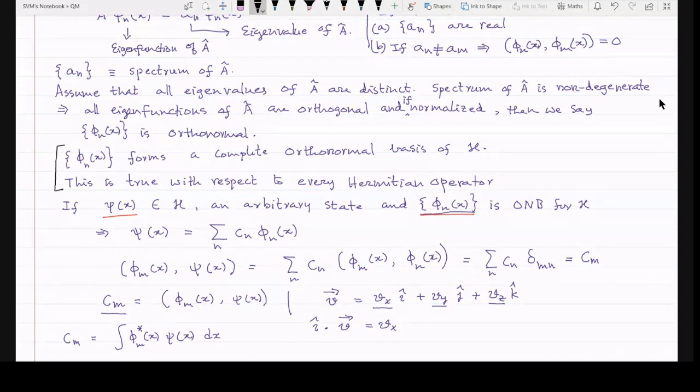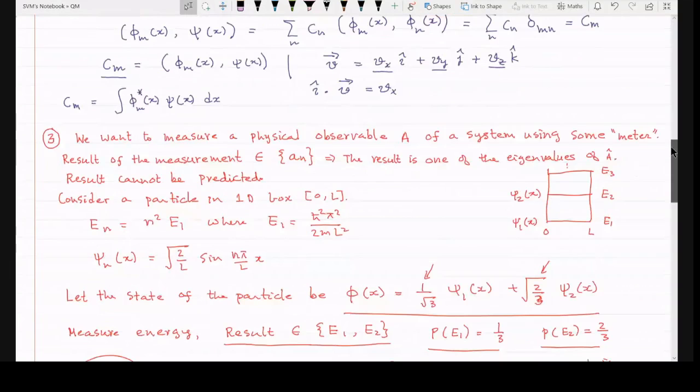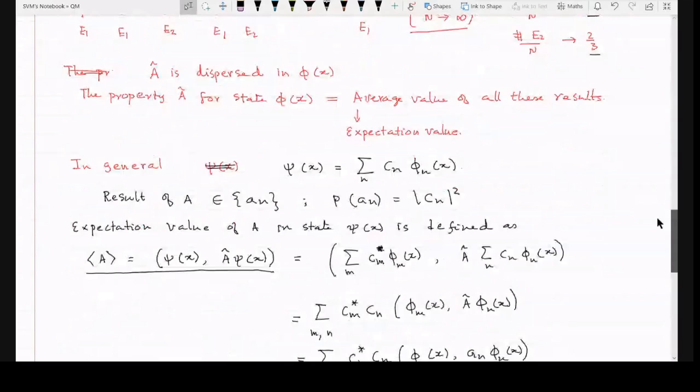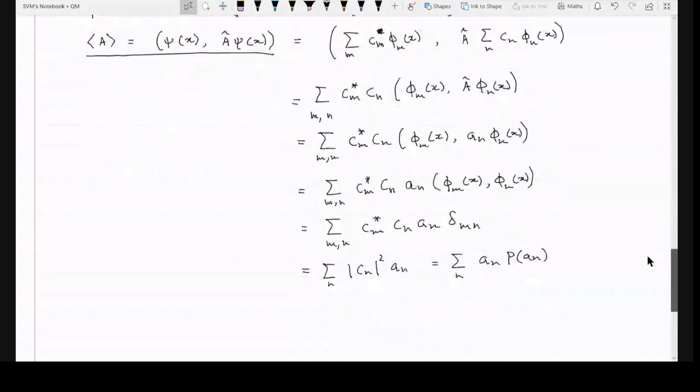This is important. The second thing is that the measurement results are dispersed in general, and when they are dispersed, you have to take the average value to describe the value of the property for that particular state. These two are important things.